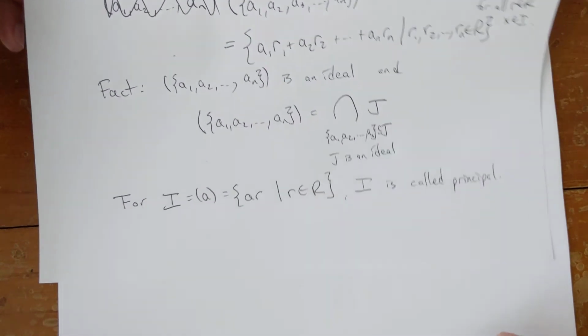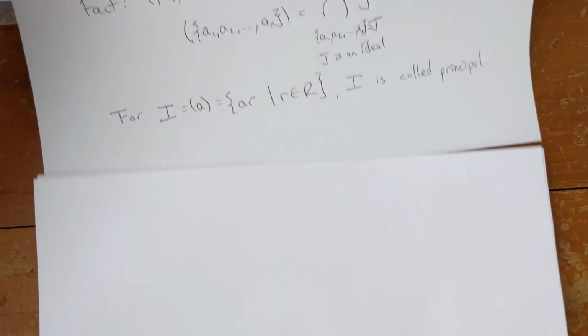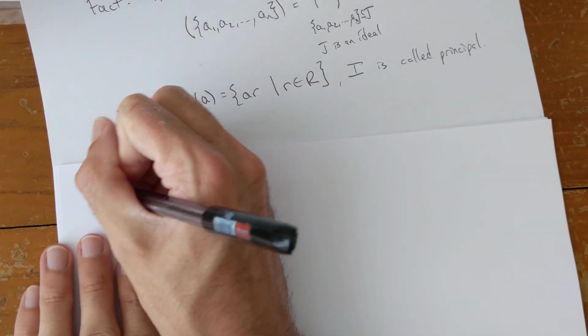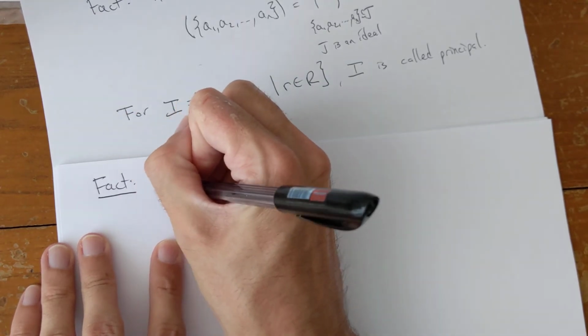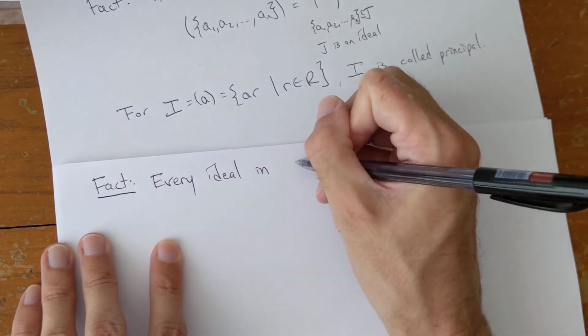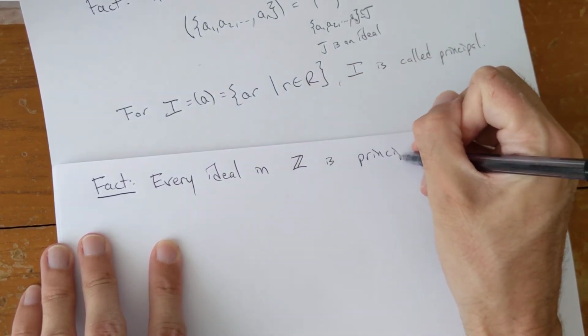So let's see a few. I just want to at least do 2 examples. First of all, a fact: every ideal in Z is principal.